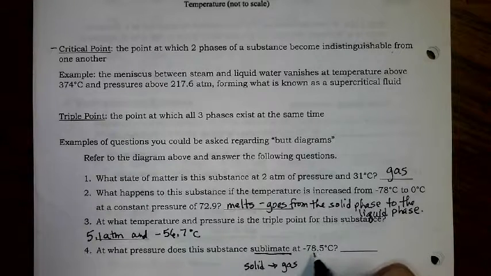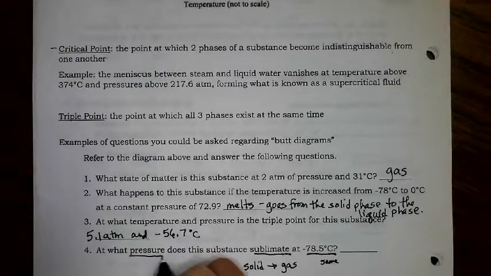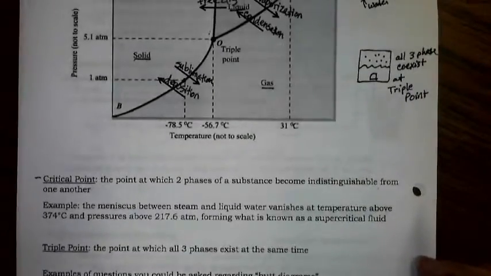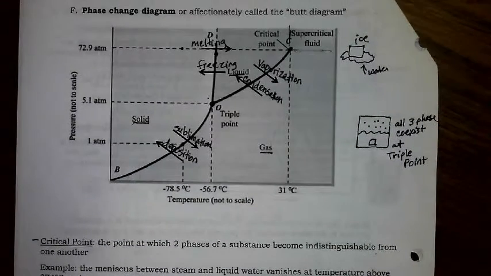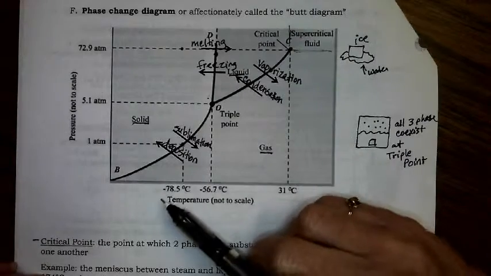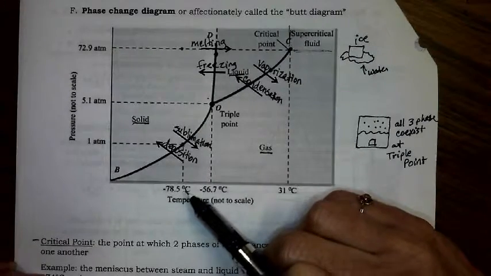So it looks like you're keeping that temperature the same, but you're changing the pressure. So we're seeing at what pressure it goes from solid to gas. So let's look up on our graph. First, we want to look at that temperature. So it says minus 78.5 degrees.